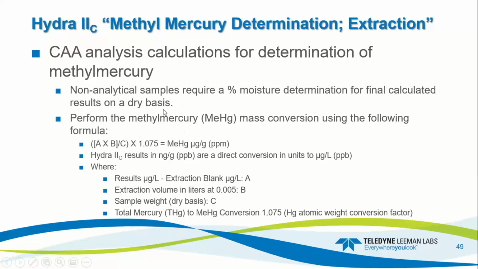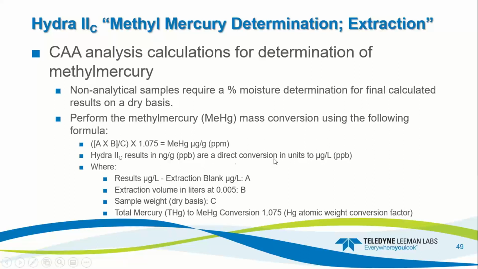So it's pretty much simplified as you run a non-analytical sample to get your moisture, and then you perform the methyl mercury mass conversion using the following formula: A times B divided by C times 1.75. And then the results are in ppb, a direct conversion in the units from 2 micrograms per liter.